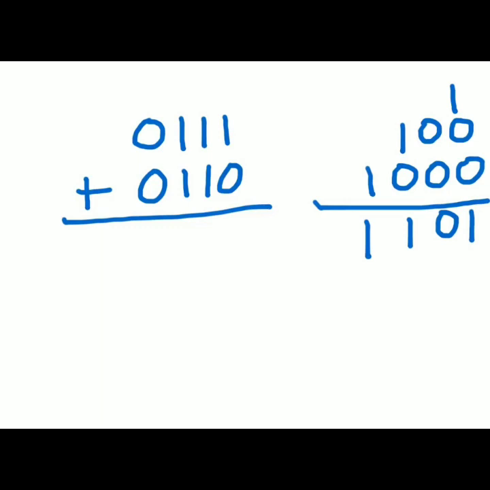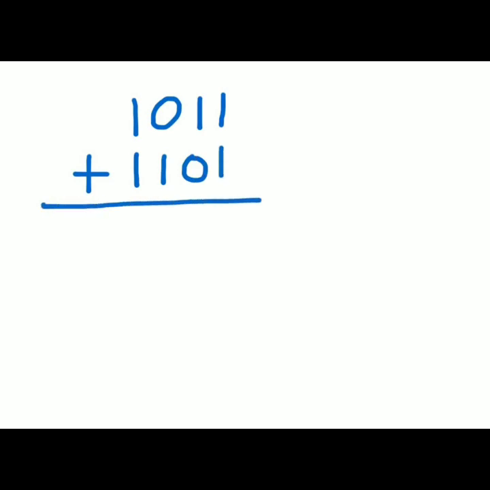Now I'm going to show you another way to do it. So let's take another binary number and look at how we add it together. Okay, so this time I'm going to show you how to do binary addition where you carry the 1.